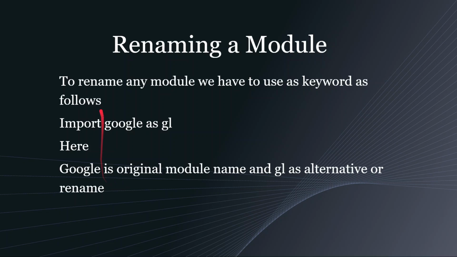For example, google is my module name, and using the as keyword I am able to give a short name to my module. So whenever I have to use any feature of that module, I will use gl dot and the function name which is stored inside that module.